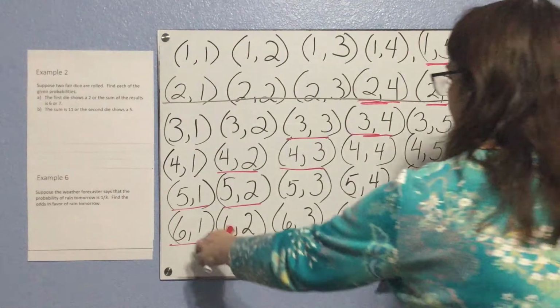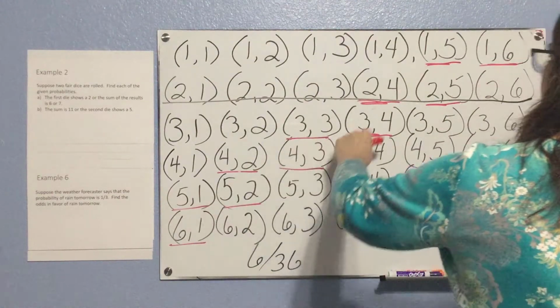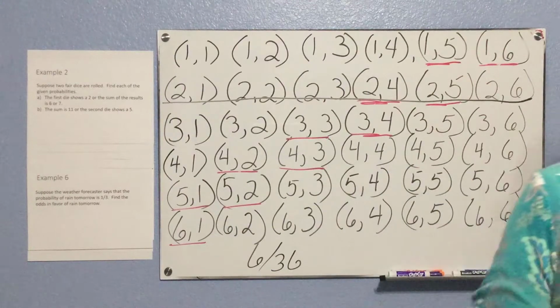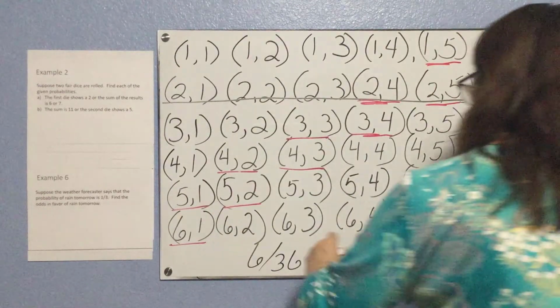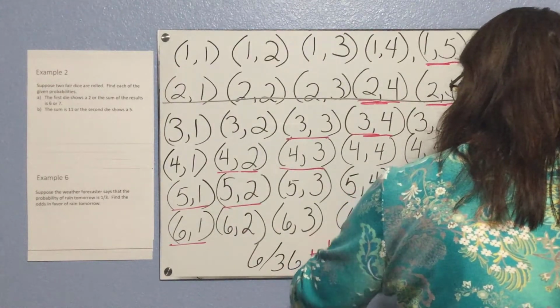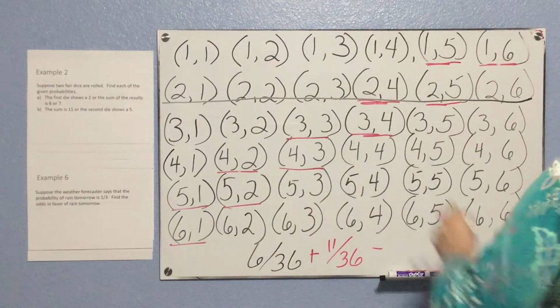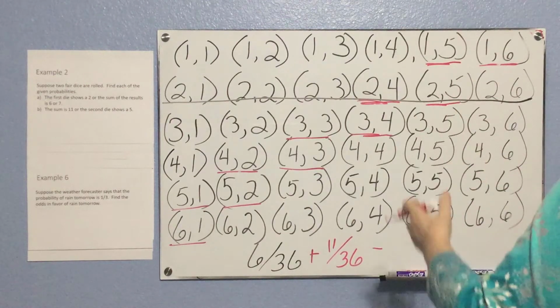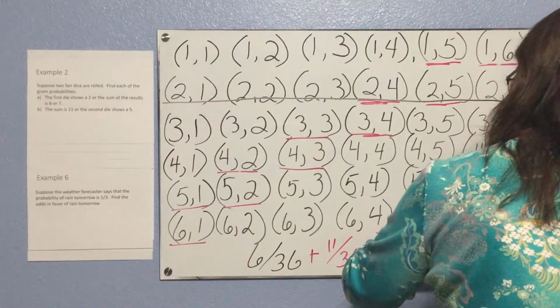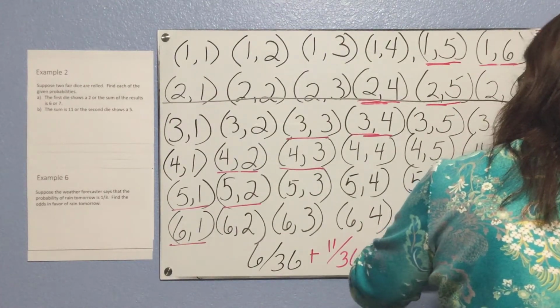Okay, and so I marked 1, 2, 3, 4, 5, 6, 7, 8, 9, 10, 11. However, some of those, these 2, were also in that first set, so we have to subtract them. We counted them twice.